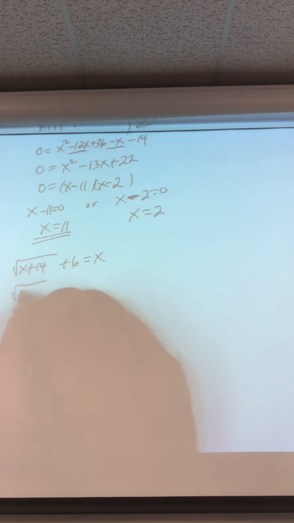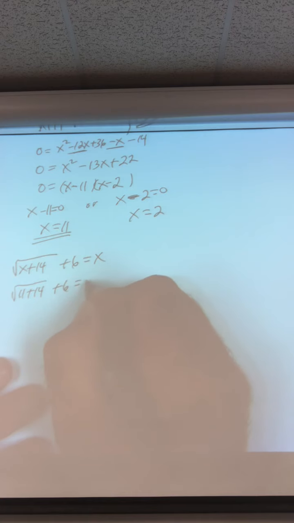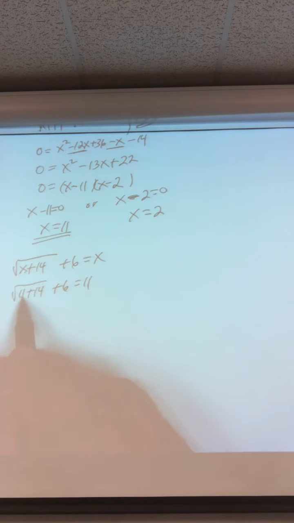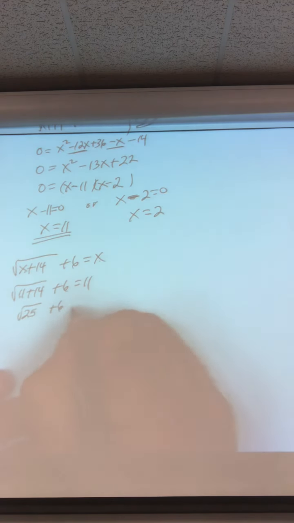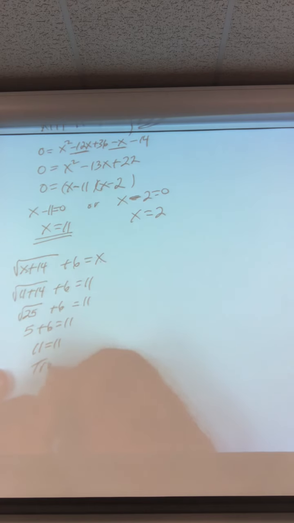So this would be 11 plus 14. Every place you have an x, put 11. Now, do the math. Square root of 25 plus 6 equals 11. Square root of 25 is 5 plus 6 equals 11. And that's true.